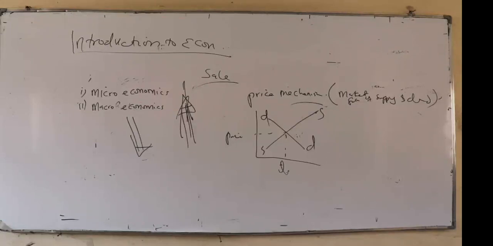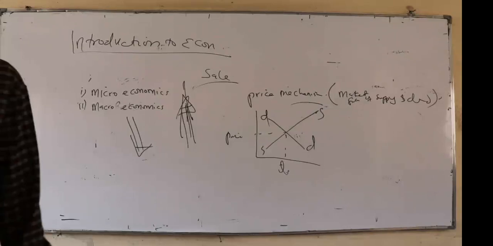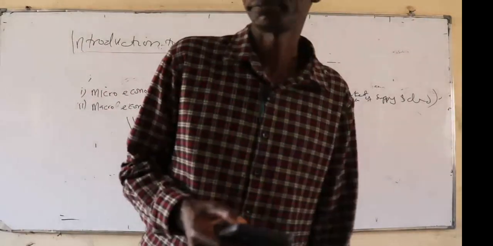So you find some people are too rich, some people are too poor because of this particular economic system.